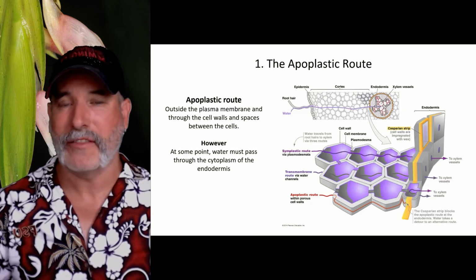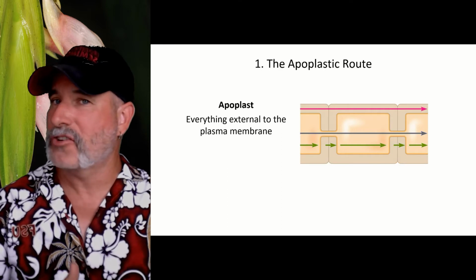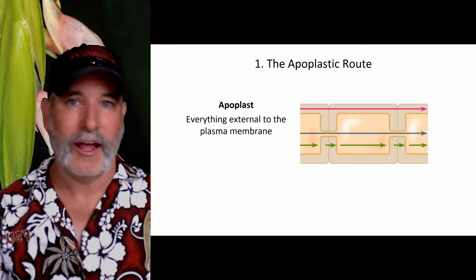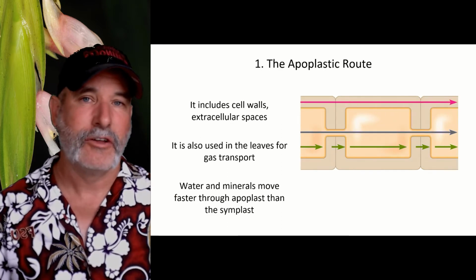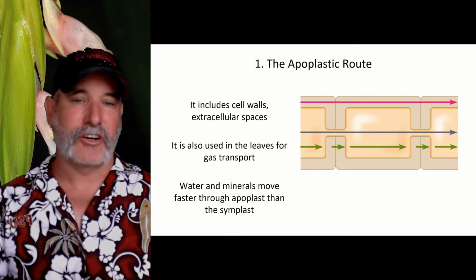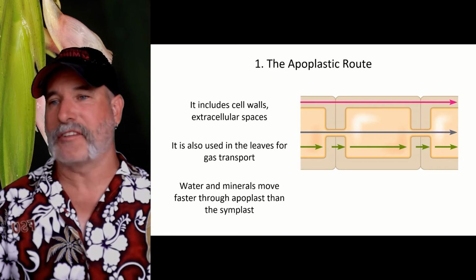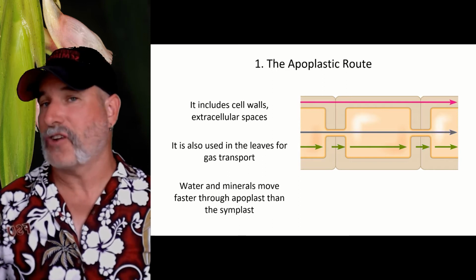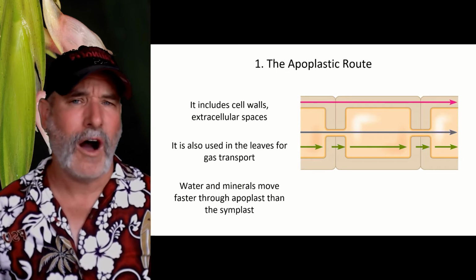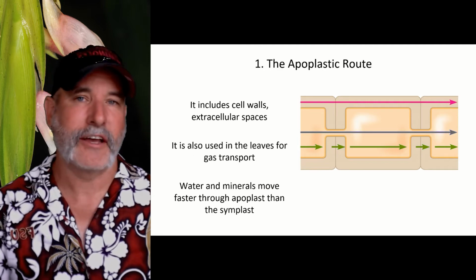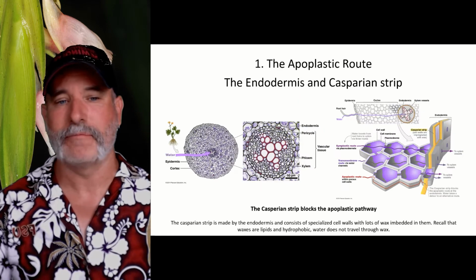We'll talk more about that in a few seconds. But just to make sure we're clear here, the apoplast is everything external to the membrane. That's your cell wall, that's your cellular spaces. And the reason you have this apoplastic route is that you're not traveling through membranes, so you can move water more quickly through the cortex.